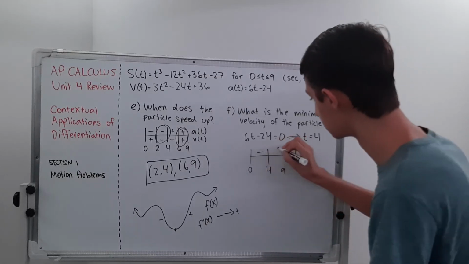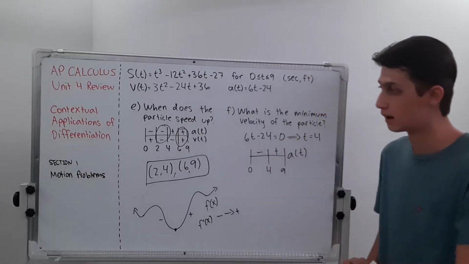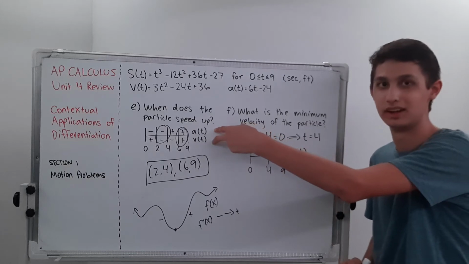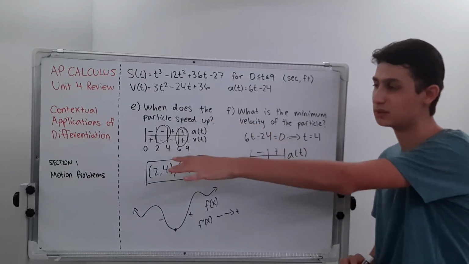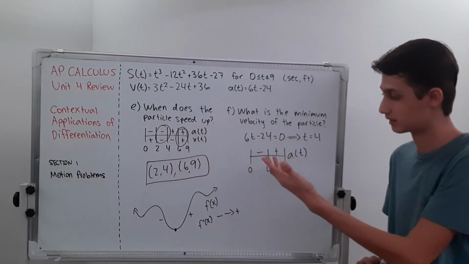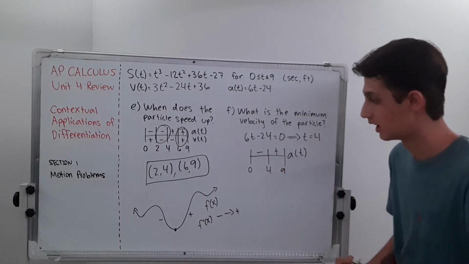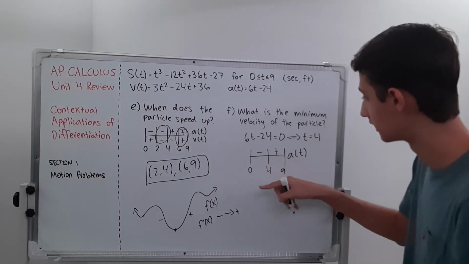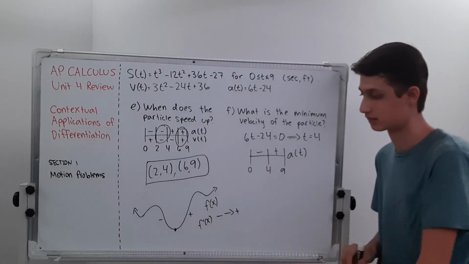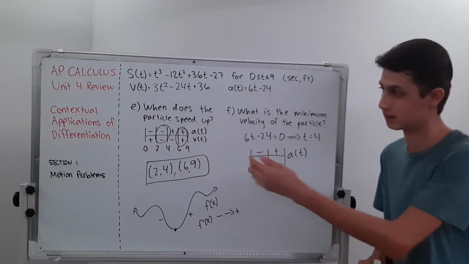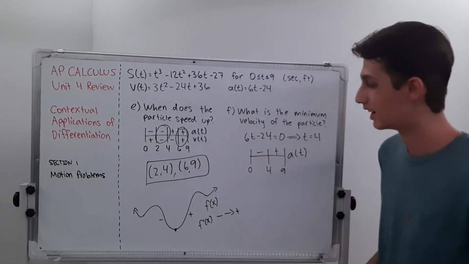We had this negative and positive. That was pretty easy. By the way, this double sign chart, only do that for the speeding up. The rest just do single sign charts. There are many different ways to do the sign charts. This is kind of a weird way to do it, but it works best for this.